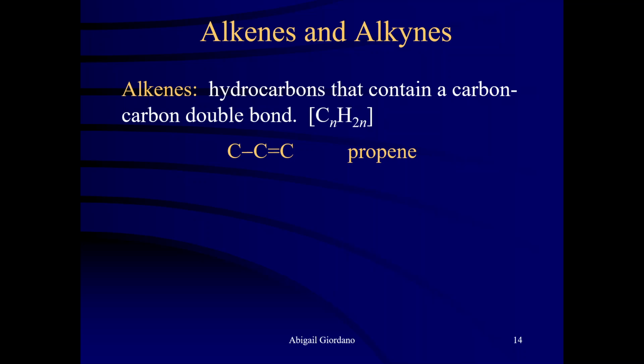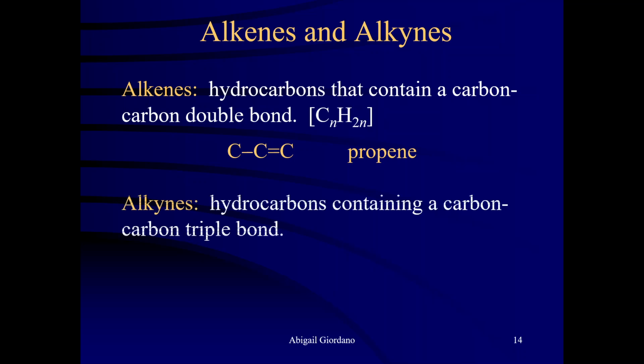So I see 3 carbons and I think in my head, okay, meth, prop. The prefix for 3 carbons is prop, but we don't call it propane. Because there's a double bond, it gets an ENE ending, we call it propene.